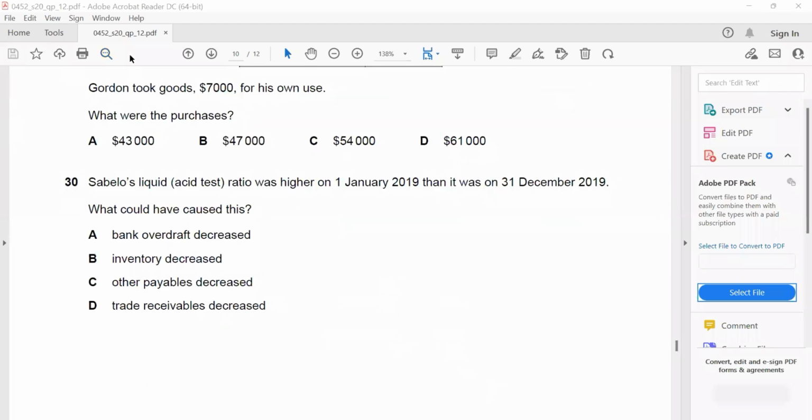Question 30. Sabilo's liquid asset test ratio was higher on 1st January 2019 than it was on the 31st. What could have caused this? Liquid asset is current asset minus inventory, to the current liability. Was higher on the 1st January means the beginning of the year had a better position than the end of the year.